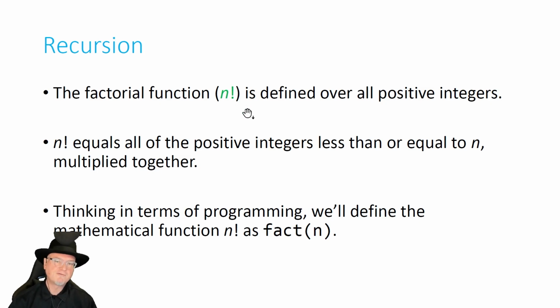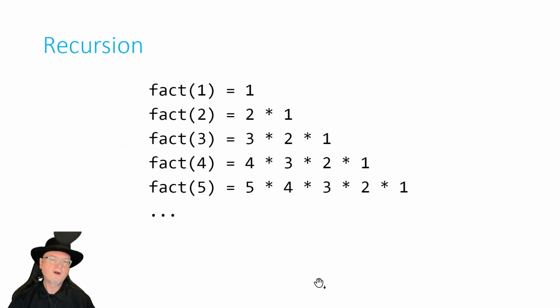So the factorial function, which we notate mathematically as n exclamation point, is defined over all positive integers. It's the positive integers less than or equal to n all multiplied together, decremented by 1. Even though we looked at it just briefly here, we're going to define a function called fact that takes an input of a positive integer, and we're going to look at how it works.